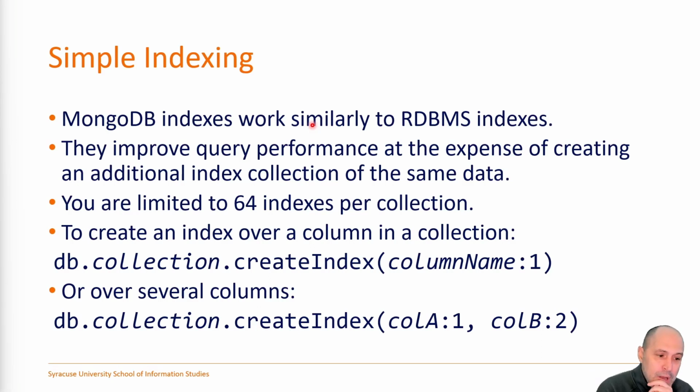So what we will do here is we will use this create index to build out an index, and you can do this with one column or several columns. And this is where it's weird. It doesn't take a JSON document. It takes just several, column A: 1, comma, column B: 2.